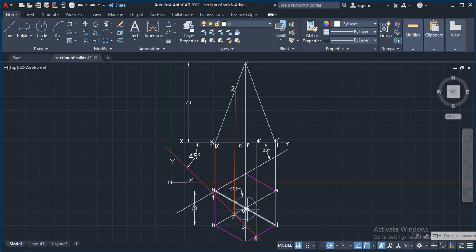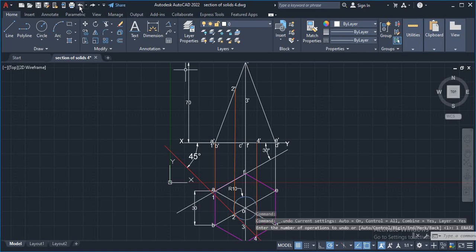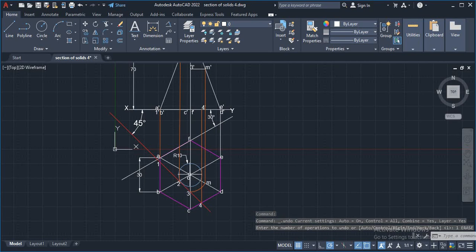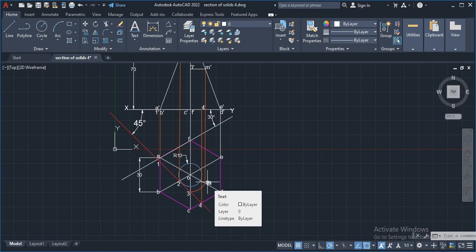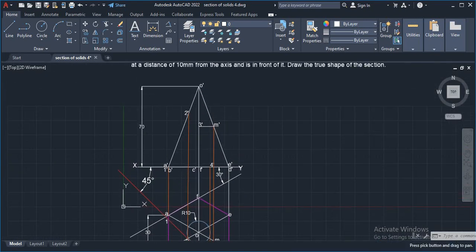So we have to take your compass, O as center, O3 as radius, and draw an arc to the other slant edge, that is OD. Draw an arc on OD and mark the point as M. From the point M, draw a vertical projection line on O dash D dash.